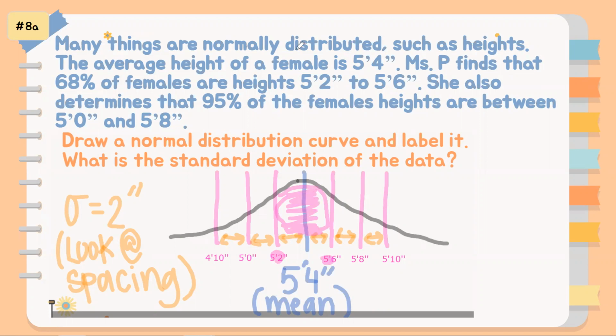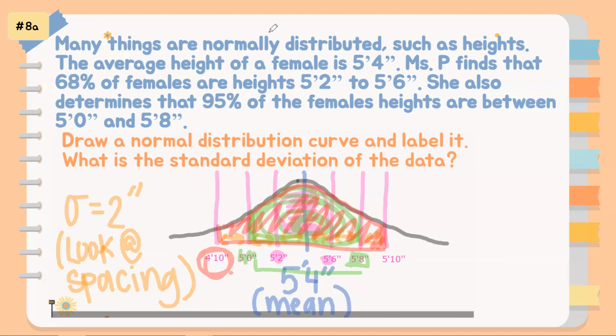Then within 2 standard deviations of the mean, we have 95% of our data. So that's where we got 5 foot all the way to 5'8". And within 3 standard deviations of the mean, all the way here to this marking, that's 99.7% of our data. That's where we got 4'10" all the way to 5'10".